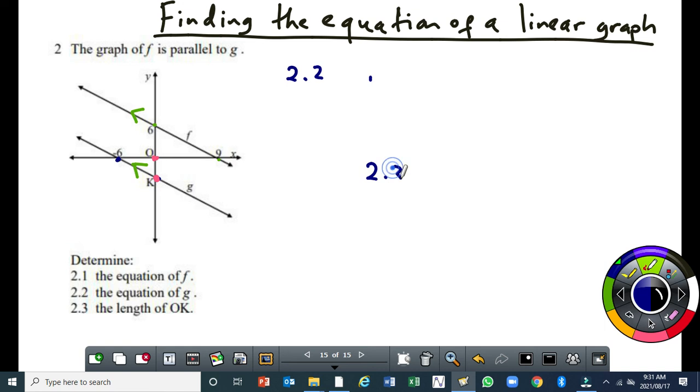So 2.3. When you're calculating a vertical distance, right? Because the vertical distance is based on y values, am I right? The horizontal distance is based on x values. So for the vertical distance, use the y values.